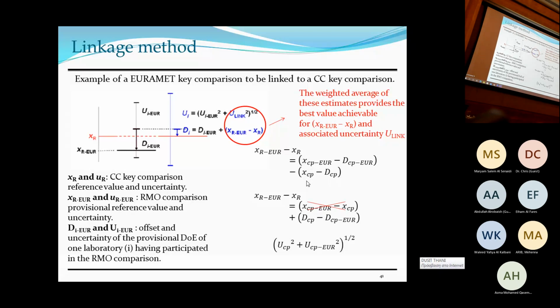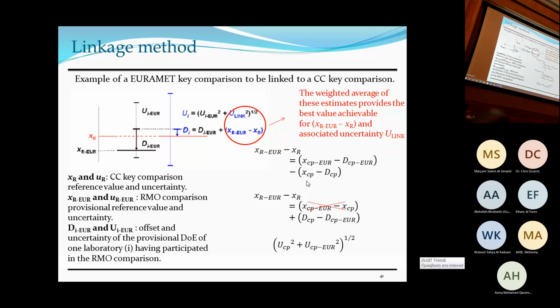So this scheme here is based on the fact that both the reference values of the CC and the RMO comparison are known. Okay? That's the only way that you can shift from one to the other. Otherwise, you cannot shift. So there are some assumptions that are made. One assumption is that this value here doesn't contribute, because the double participating labs are thought to be reproducible.